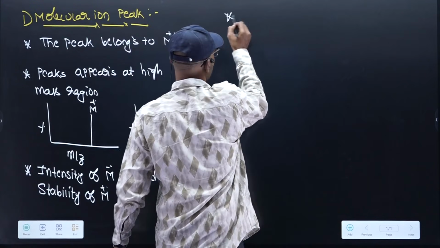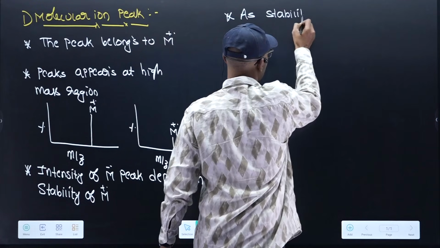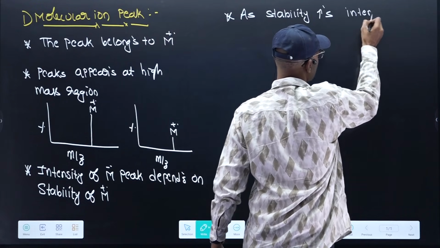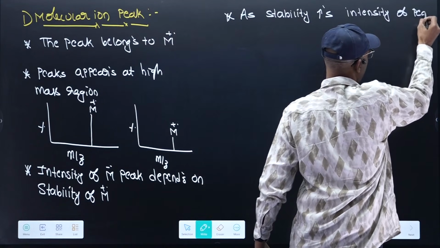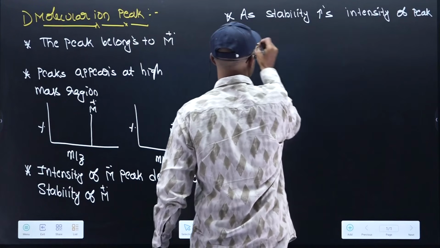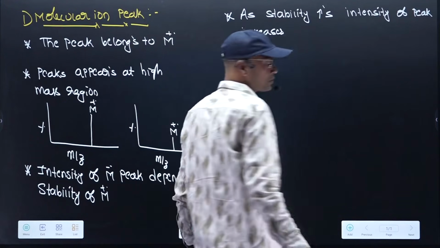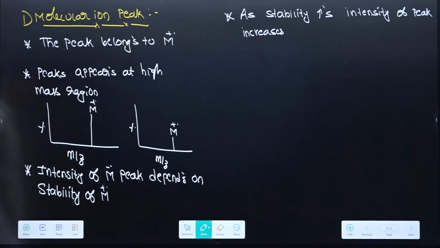So as stability increases, what happens? As stability increases, the intensity of the peak increases. More stable, more intense molecular ion peak.